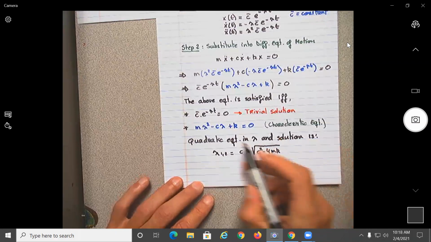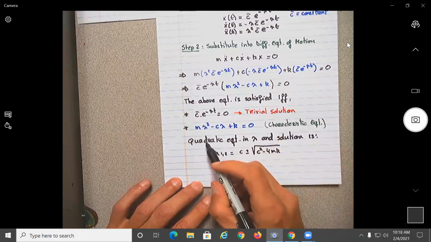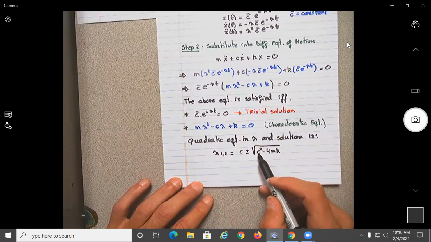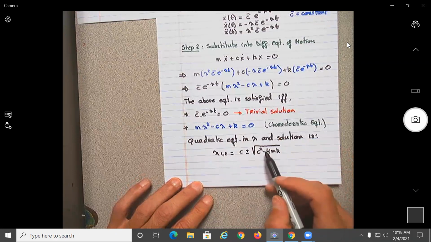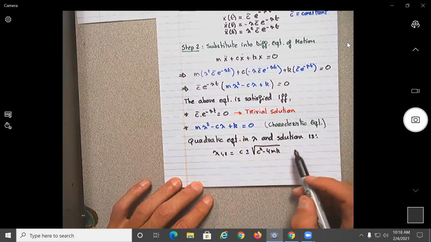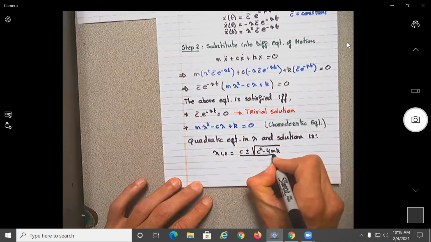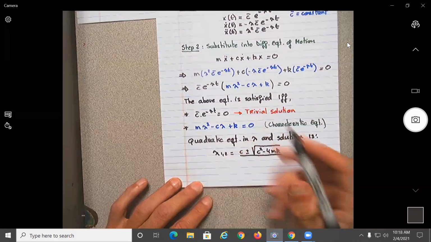If you remember, this is of the form a x squared plus b x plus c, so the solution will be minus b plus minus the square root of b squared minus 4ac, no? Okay, and here it is divided by 2a, which in this case our a is m, so it will be divided by 2m.